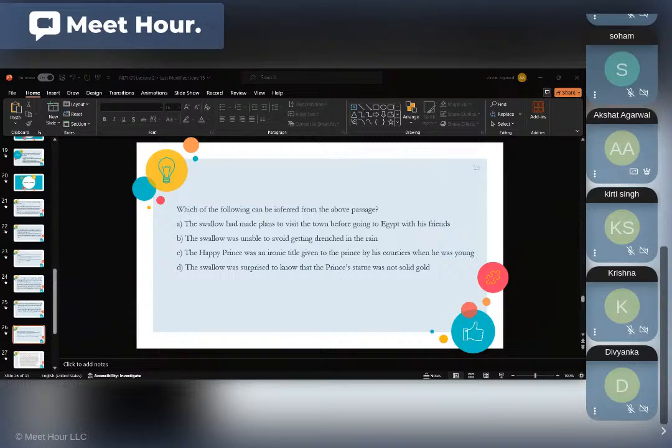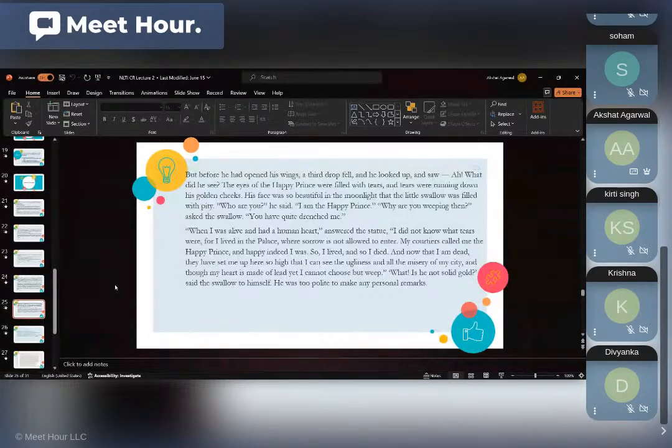Okay, so I'm getting D as an answer. Yeah, D is correct because you do see this line that when the prince talks about how his heart is made of lead, the swallow very clearly says, what, is he not solid gold?